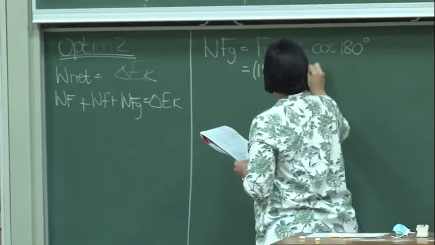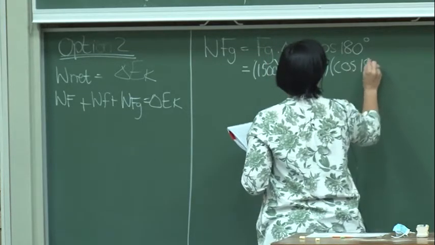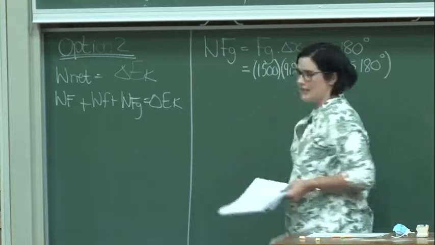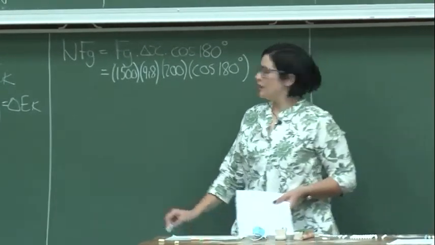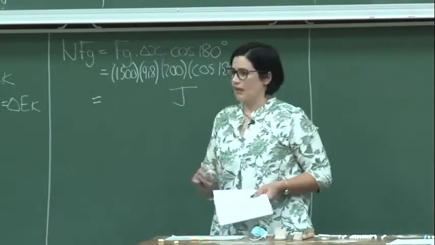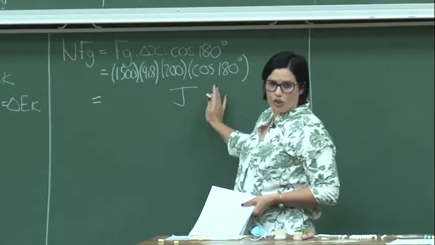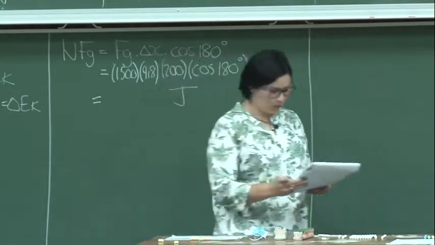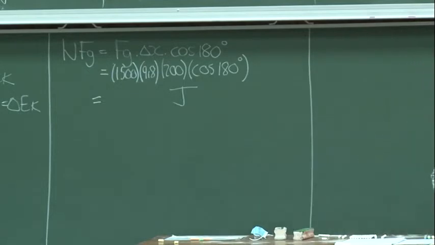And the displacement is 200 meters, and then of course cos 180 degrees. You agree? And then you get an answer. And of course this will be a negative answer, because this is cos 180. We all agree.